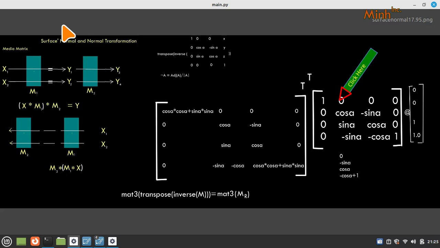So can we say like this? If there is a model view matrix M, take its inverse and then transpose. If I take out the matrix 3 part, meaning the top 3 rows and top 3 columns, and its rotation part, the top 3 rows and top 3 columns, they are the same.